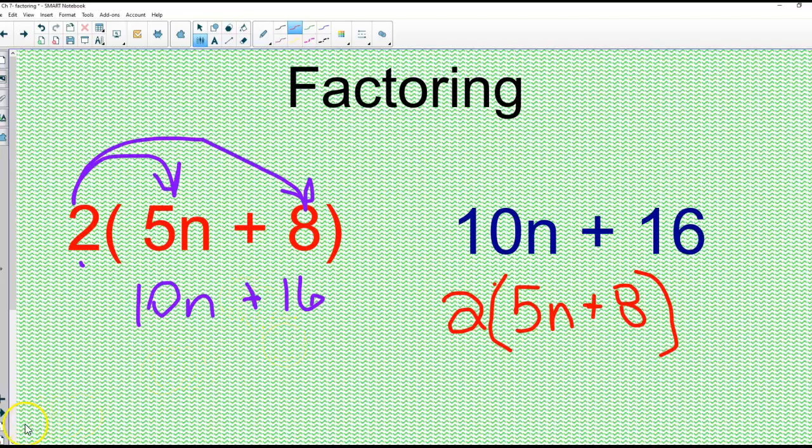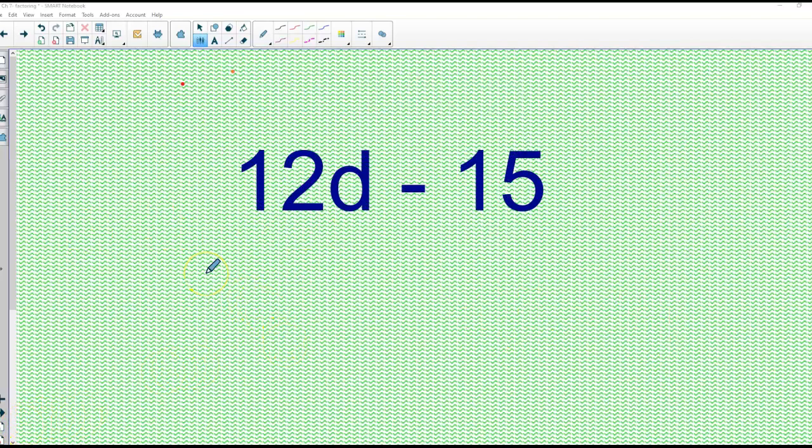Okay, let's look at another one. This one says 12d minus 15. So our goal is to pull out the biggest factor possible. If I look at this, I know they both have 1 in common, but that wouldn't change anything. So I think the biggest thing that 12 and 15 share is a 3.